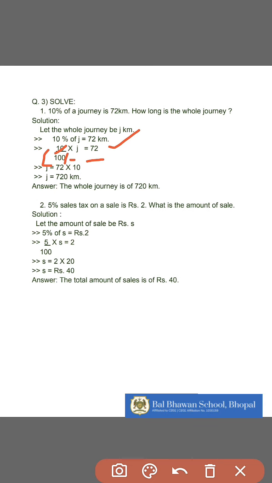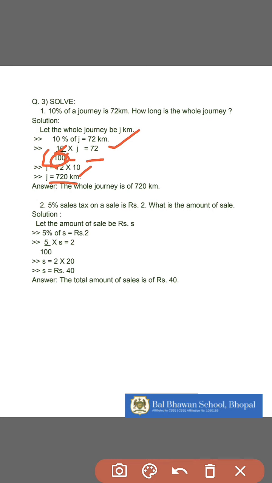So j will be equal to 72 into 10, because this denominator 10 goes on the right hand side and gets multiplied with the numerator 72. So j will be equal to 72 into 10, that is 720 kilometers. So the whole journey is 720 kilometers.